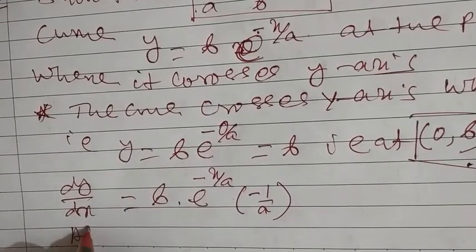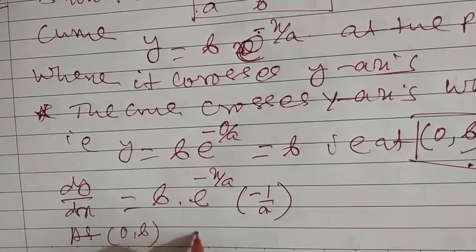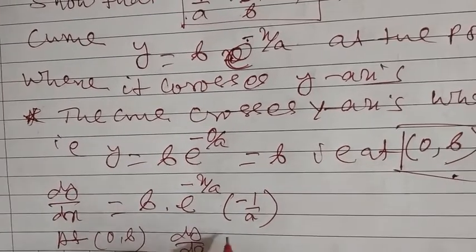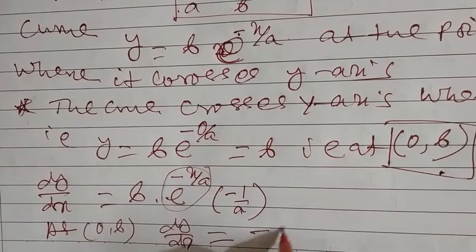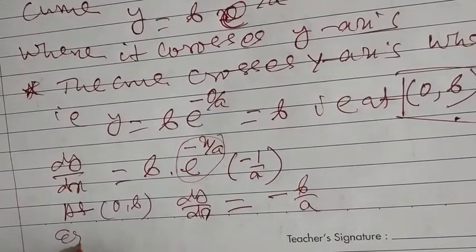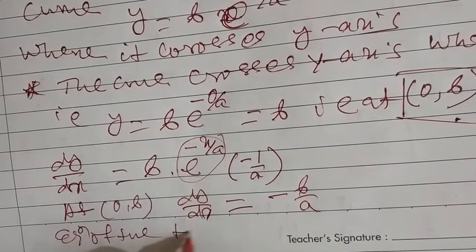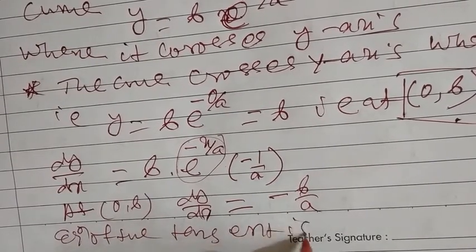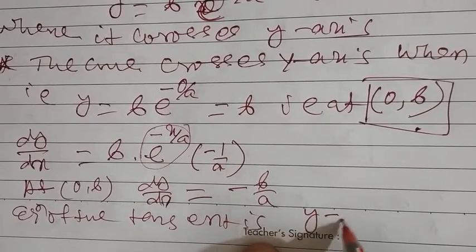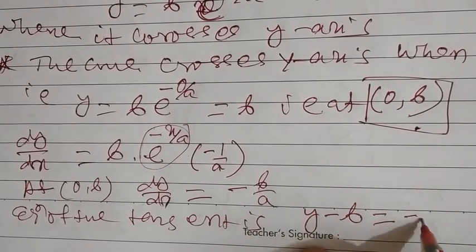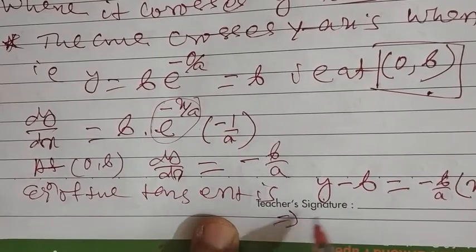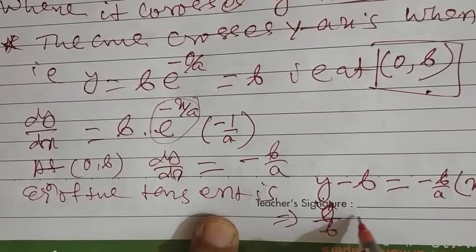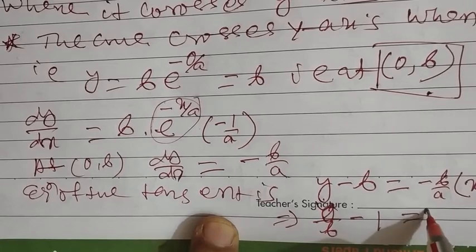Now at 0, b, dy by dx, slope of the tangent, is x0 लगा, ये 1 है, minus b by a. तो equation of the tangent is y minus y1, y minus b equal to m, minus b by a, into x minus x1, x minus 0. b को इधर ले आओ, y by b minus 1 equal to minus x by a.